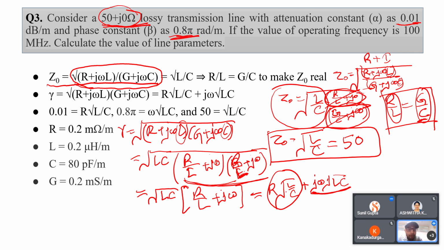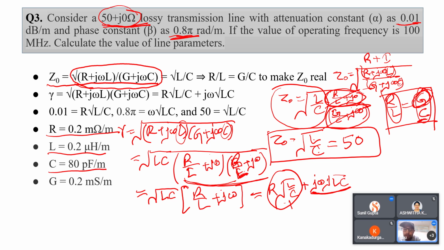Okay, so you have to just equate these terms with their respective values and solve for these three values, that is L, C and R. So the value of R you will get is 0.2 milliohm, L is 0.2 microhenry per meter, C is 80 picofarad per meter, and the value of G you can calculate by using this equation.